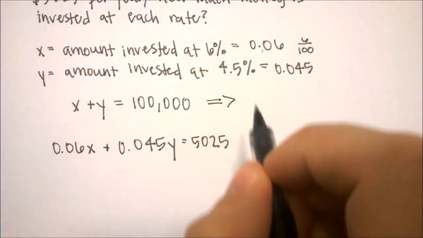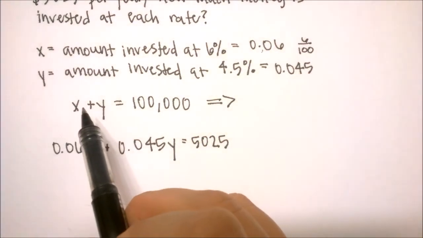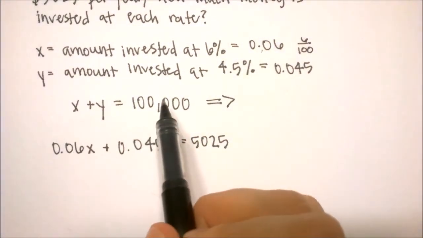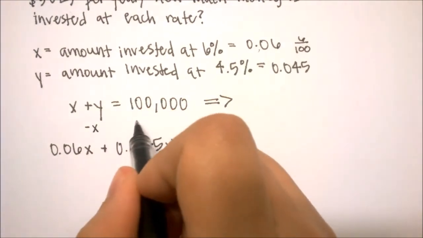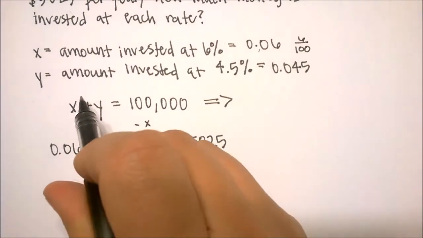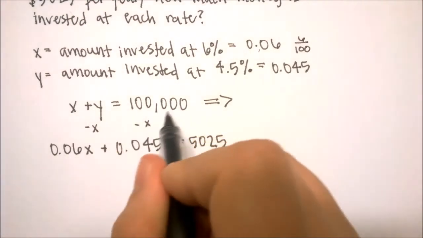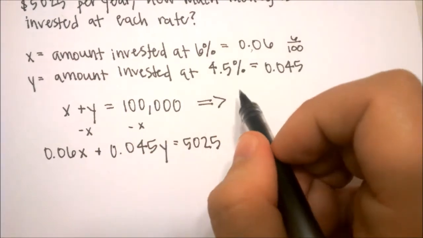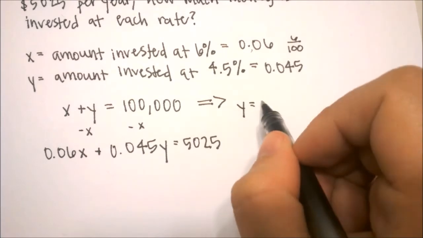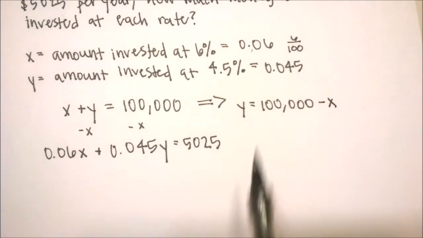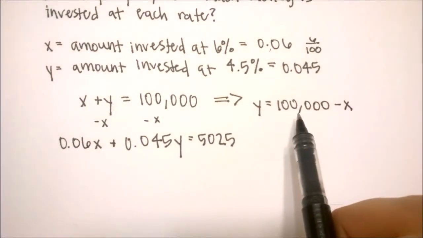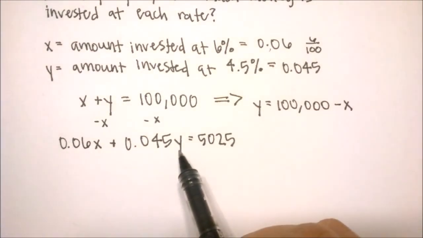If x plus y equals 100,000, then we can subtract x from both sides, which cancels that x and leaves us with 100,000 minus x. So this gives us y equals 100,000 minus x.